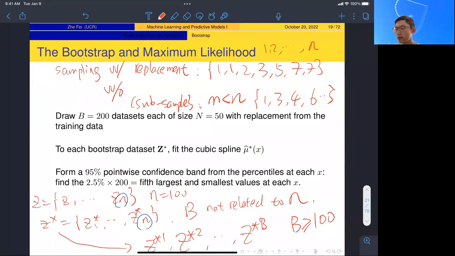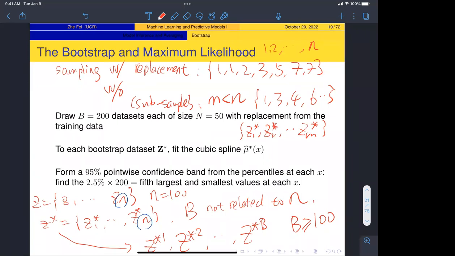Without replacement, there are no replicates, so you have to have m less than n. To write this out, you have your z1 star, z2 star, up to the m-th star, and there are no replicates here. So your m has to be smaller than n. Does that make sense?